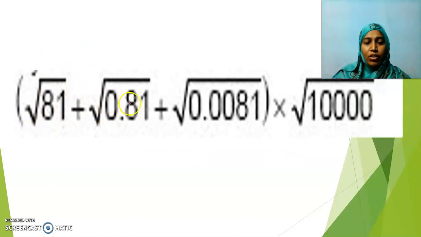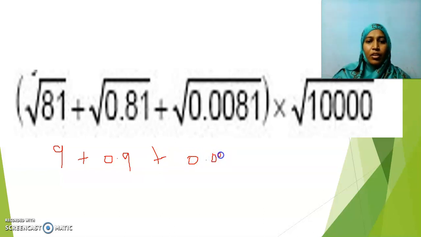Here the square root of 81 is 9. Here the square root of 0.81 is 0.9. Here I have 0.09. Then I have to multiply by the square root of 10,000.